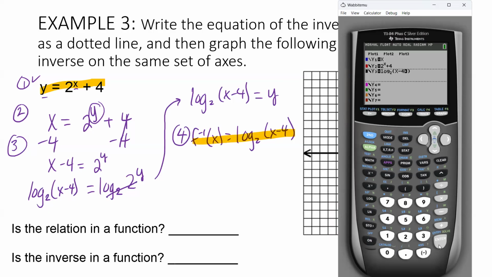Putting that in. I'm going to let Sylvie do her job. So I'm going to hit graph. She's going to draw in my y equals x line. And then here's my exponential coming in. And then she's thinking. And bam, here is my log function coming in.